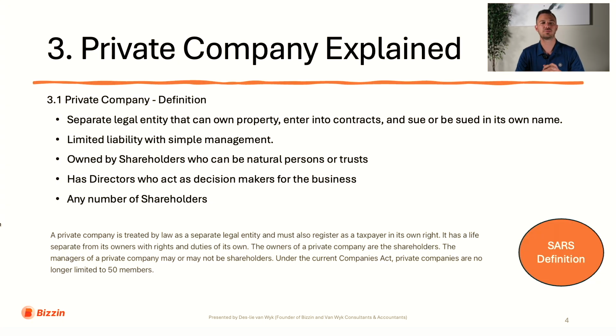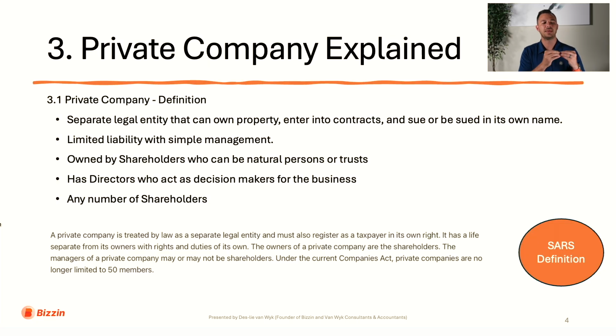Limited liability with simple management. And then in terms of ownership, it is owned by shareholders who can be natural persons or trusts. And I can actually add there, other companies can also own shares in a company. And so your shareholders here become different from the people that are actually managing the company. It can be the same person, but it doesn't need to be the same person.